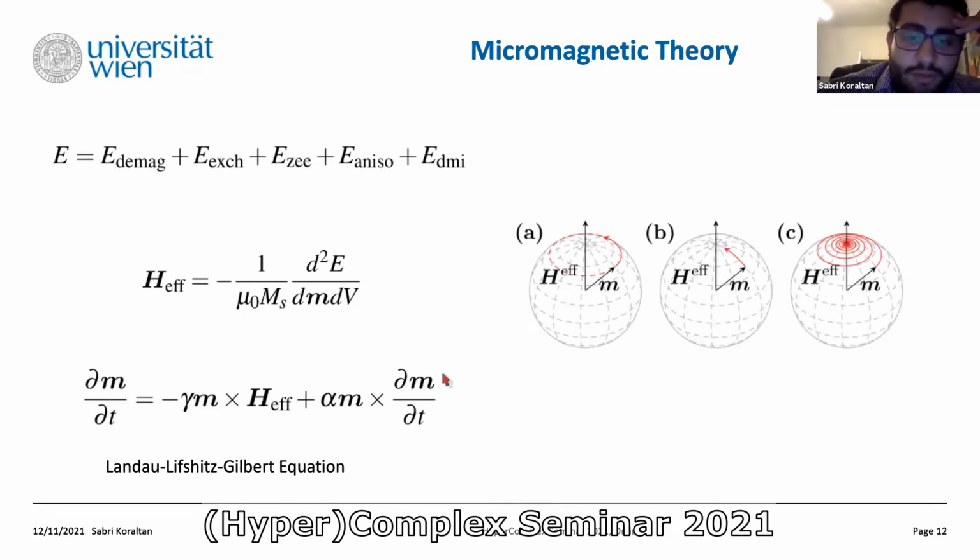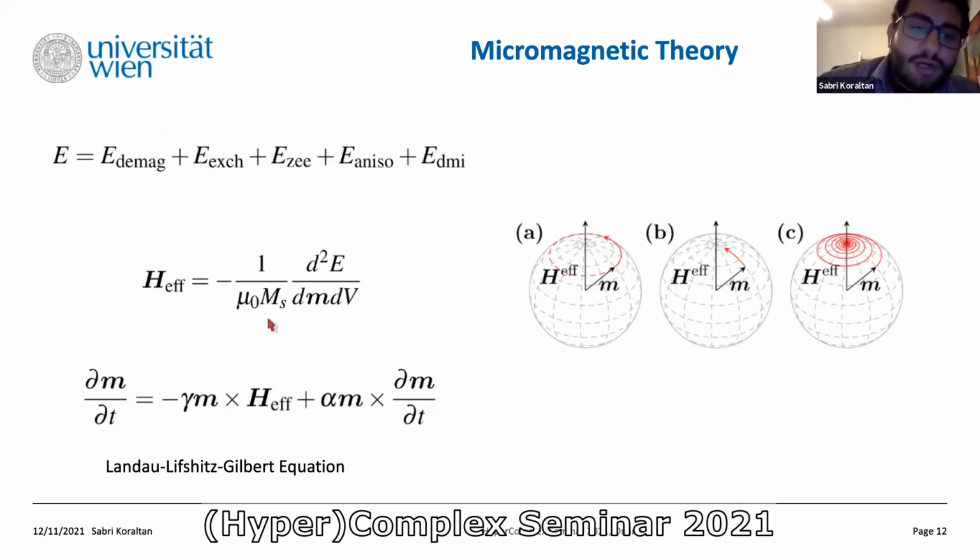The first part is the precessional movement, where the magnetization vector precesses around the effective field. Then we have the dissipative part in terms of the Gilbert damping, where, if alpha is 1, the magnetization just goes directly to the effective field. In reality, we have a combination of the two, where through a dissipative precessional movement, the magnetization vectors will be aligned with the effective field, which again acts locally.